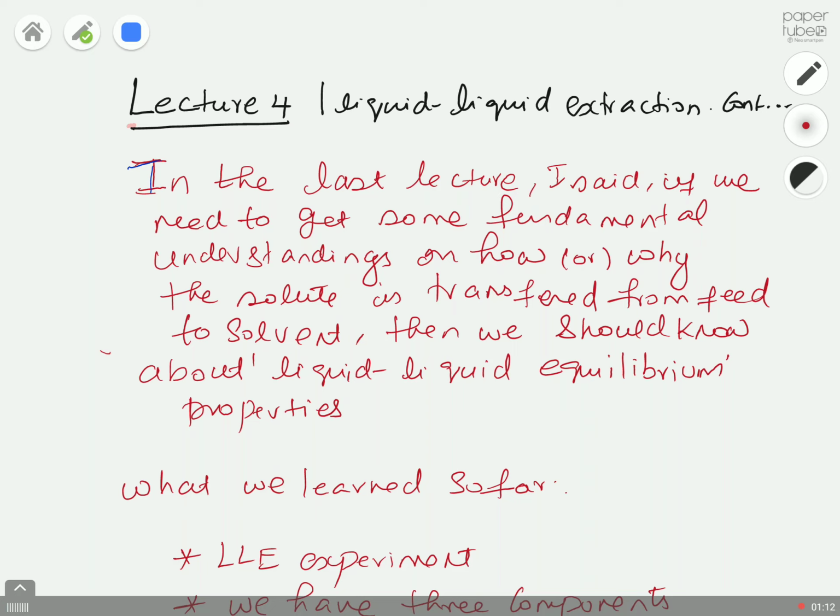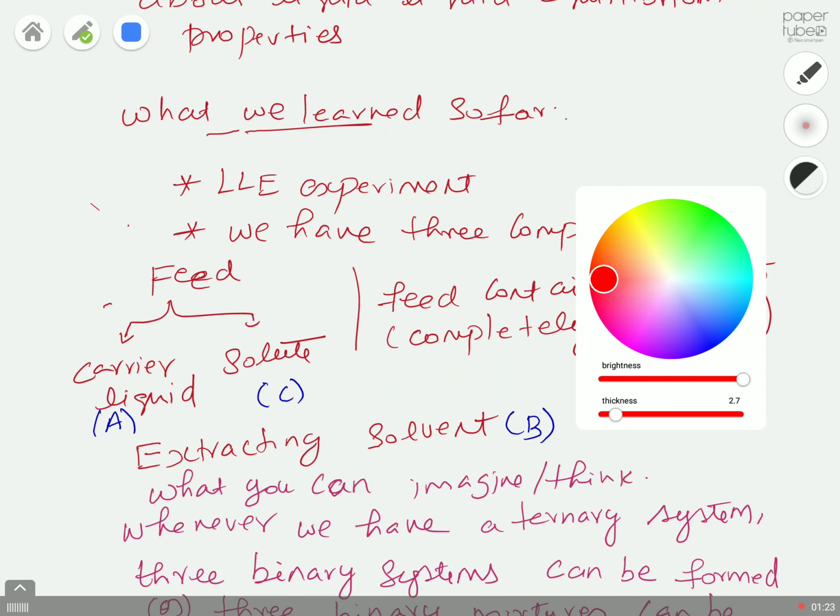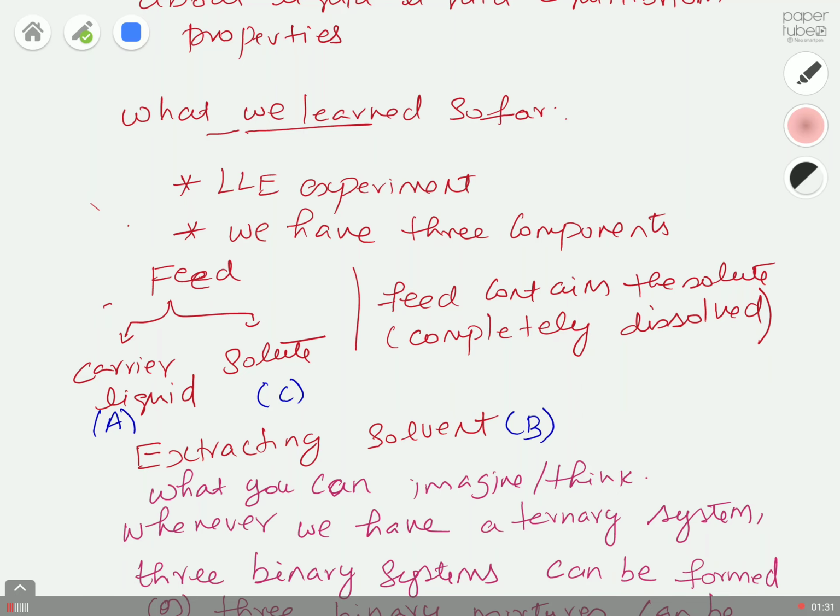This is slightly a big topic. It's not easy to finish in one lecture. So I just put it here, what we learned so far. I already performed a small liquid experiment, I mean not in the lab, but I showed how we do an experiment if you go to the lab.